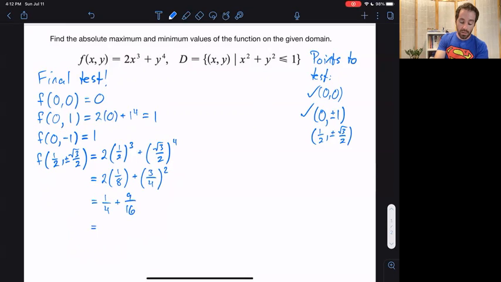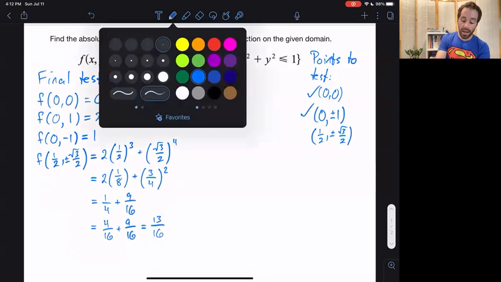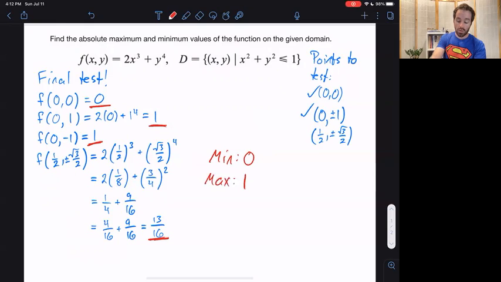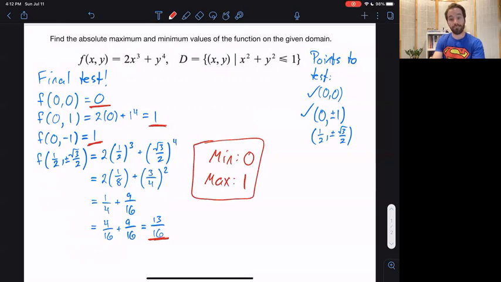A fourth is 4/16 plus 9/16 is 13/16. So here I have this set of values to test. I've got the 0, I've got a couple of 1s, and then I've also got a couple of 13/16. So the minimum value here is 0, and the maximum value is 1 on this domain. Cool, huh?